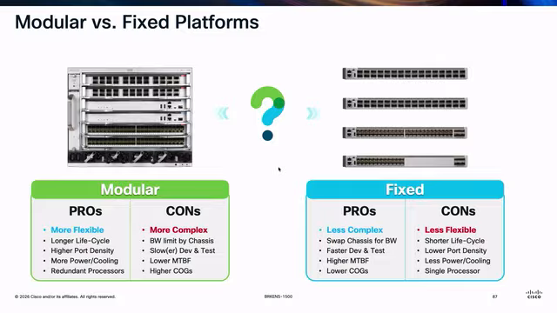So you want to use modular chassis where it has its place, and you want to make sure that you leverage fixed box architecture. If you want to be on the less complex side, easy touch, sure, go with the fixed boxes. That's the reason why we have platforms which support core or distribution functionalities, both fixed and modular.